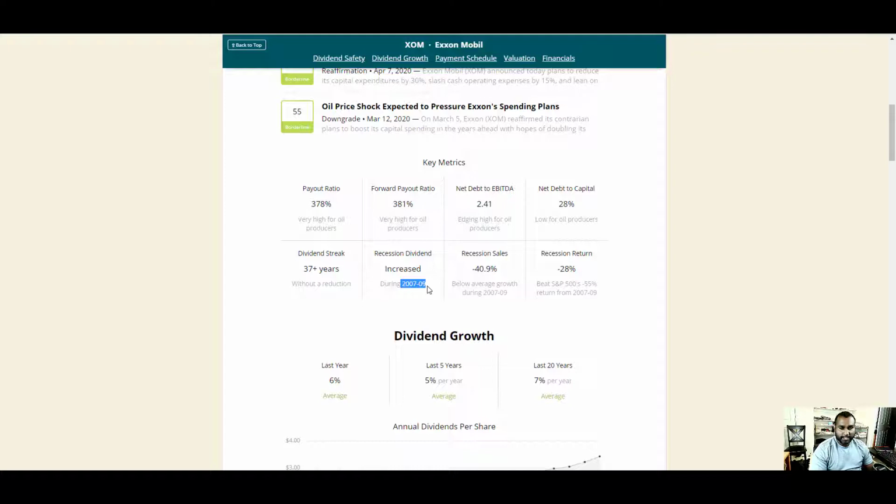We had that recession where the mortgage bubble burst. Recession sales, minus 40.9, so about 41% below average growth, meaning they lost 41% during that time. Recession return, 28% down in that recession in 2007 and 2009.